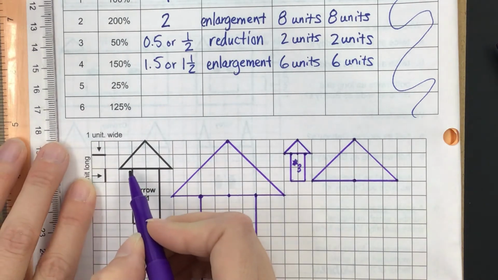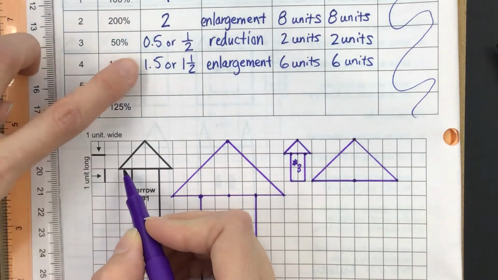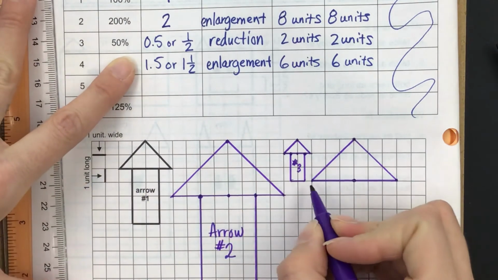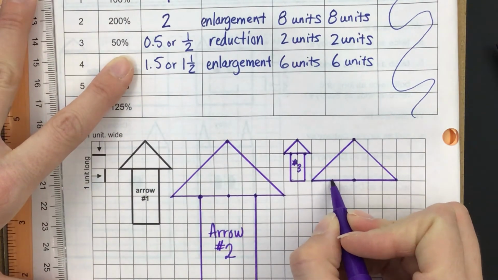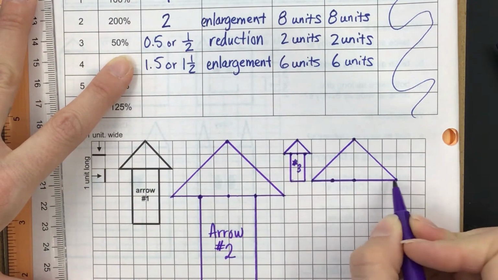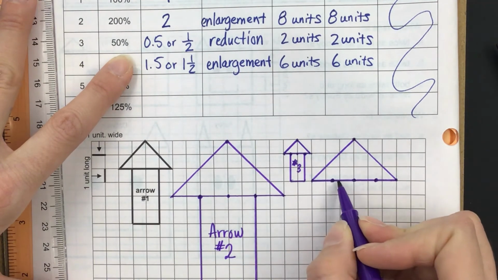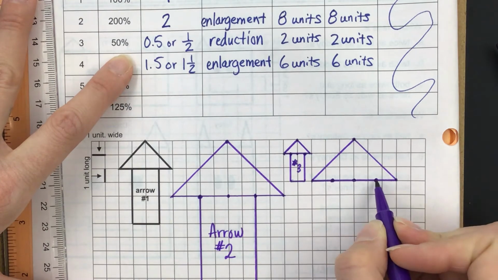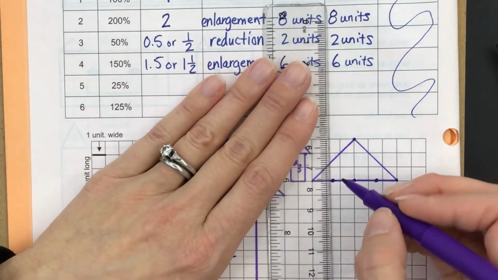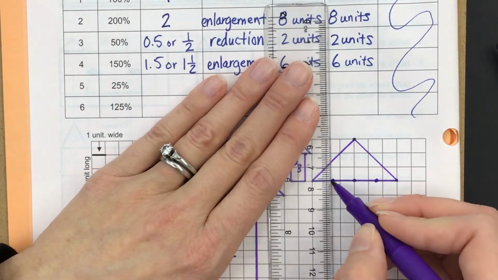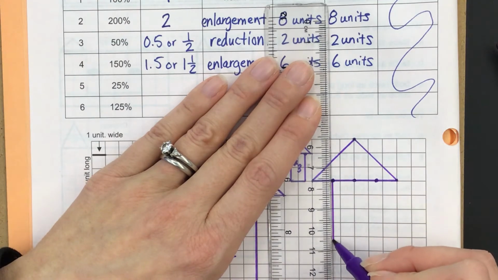This was 1 unit. If we multiply 1 by 1.5, then that means that this overhang should be 1.5 units on both sides. And if I look at this, this is a half, 1.5, 2.5, 3. So even though you go between the lines, it's still 3 wide like it's supposed to be.